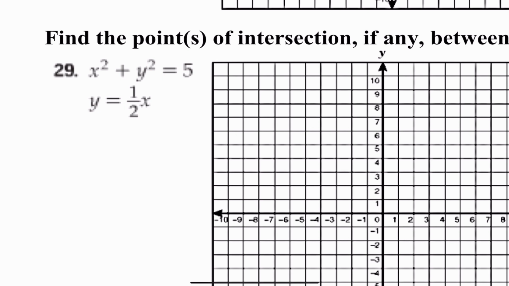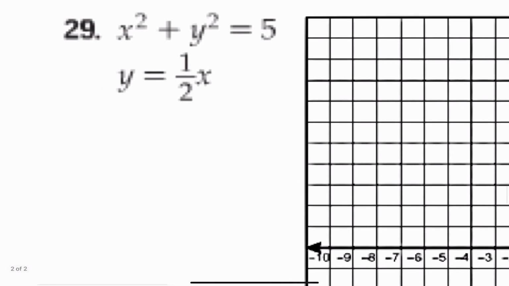I have y equals 1/2 x. I'm going to manipulate this equation, okay? So y equals 1/2 x. I can rewrite this as y equals x over 2. Okay, 1/2 x is the same thing as x over 2. So now that I have y equals x over 2, I'm going to get x by itself.